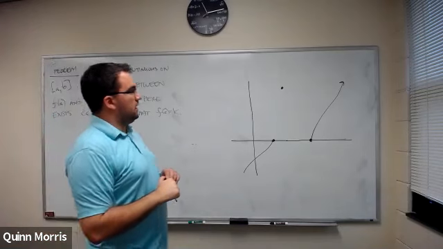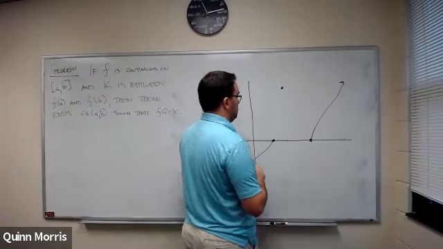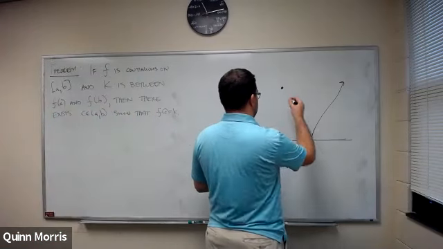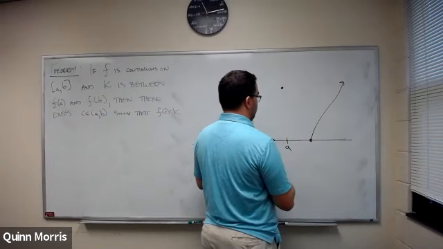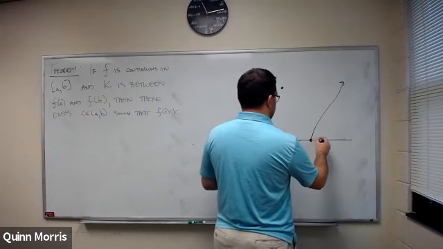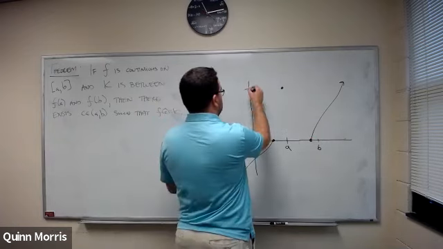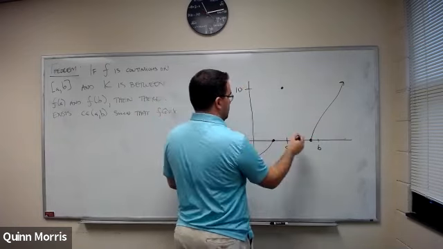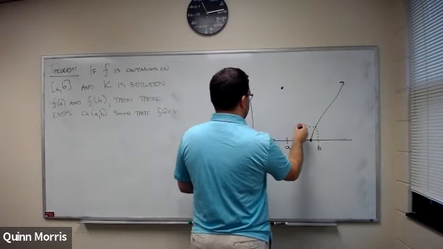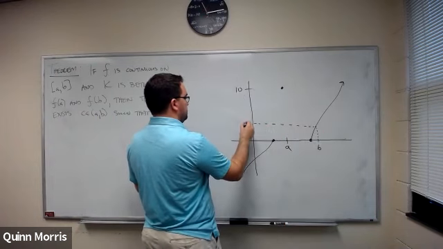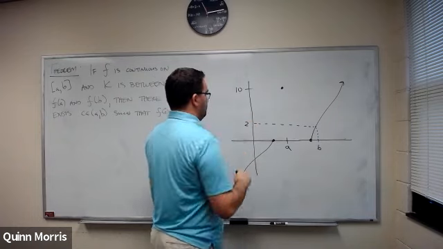Let's say I took this point to be a, and this point to be b. Maybe let's assign some values here. Maybe this is 10, and this is, I don't know, 2.